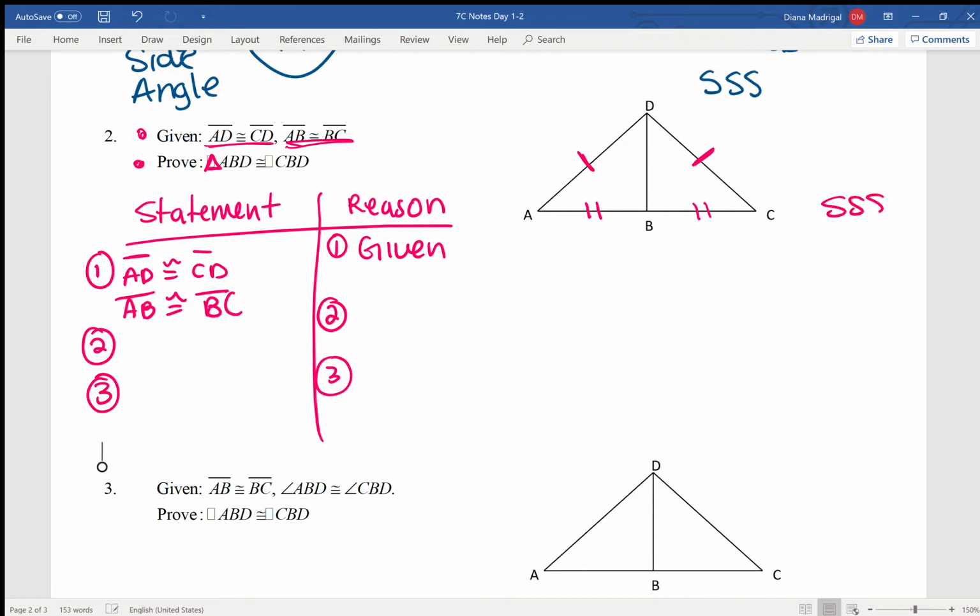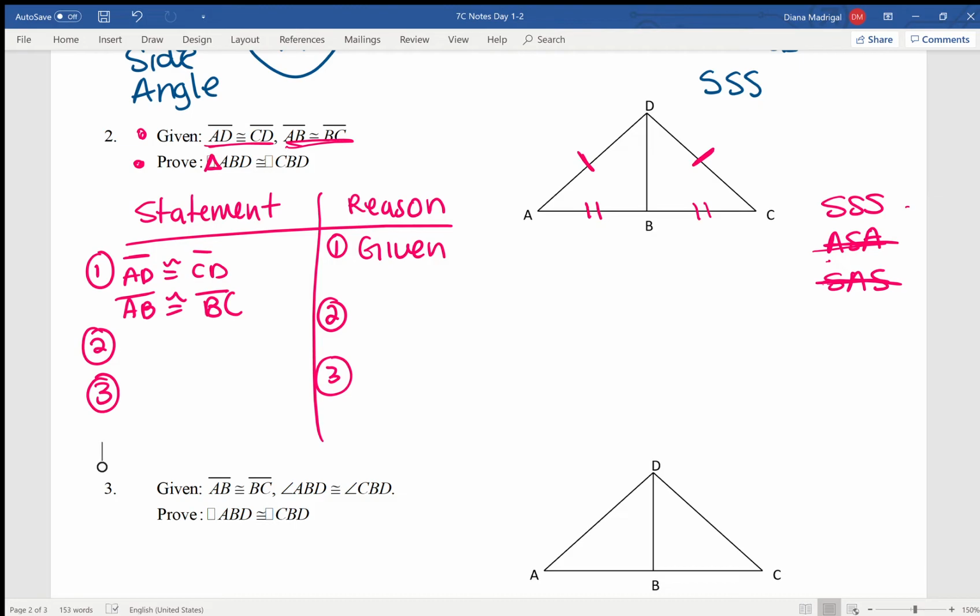Remember, side, side, side, angle, side, angle, or side, angle, side. Automatically, when they don't give you any angles, we're not using this one and we're not using this one. It should be an automatic answer. So you should know that you're going to be talking about side, side, side. That means I need another side.